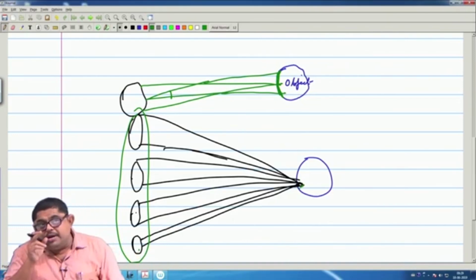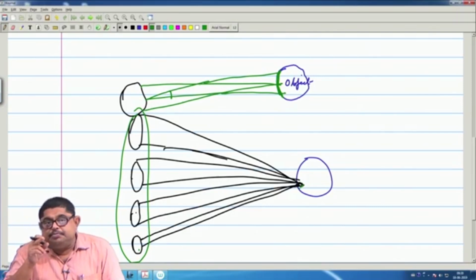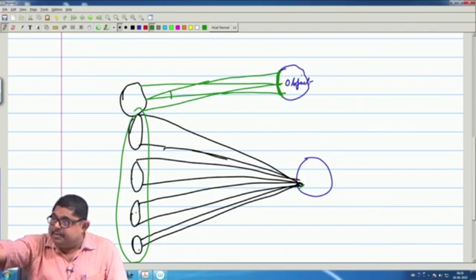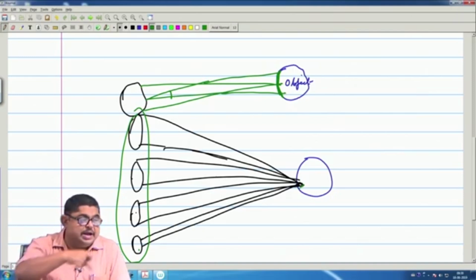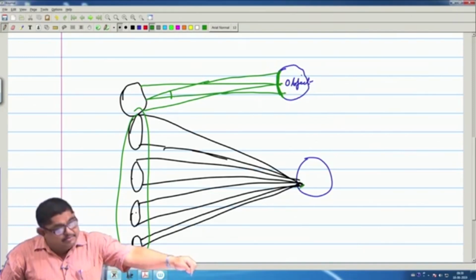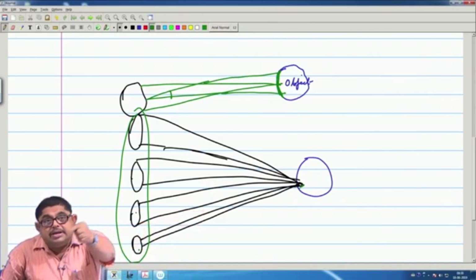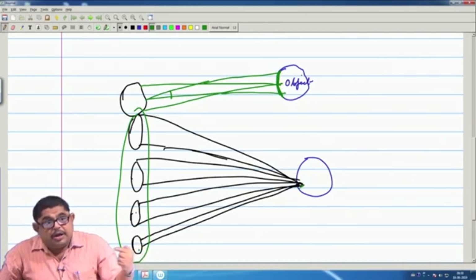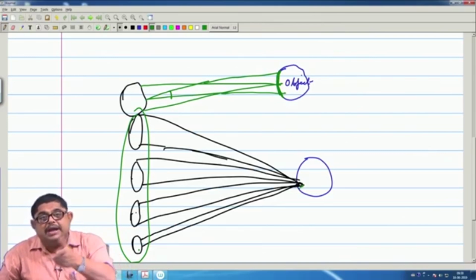and then always try to find out what I have seen about that point. So, I am seeing it from the right, I am seeing it from the middle right, I am seeing it from the center, I am seeing it from the left middle, I am seeing it from the extreme left, and every time if I know at what phase I am getting the signal, I can accordingly adjust that.